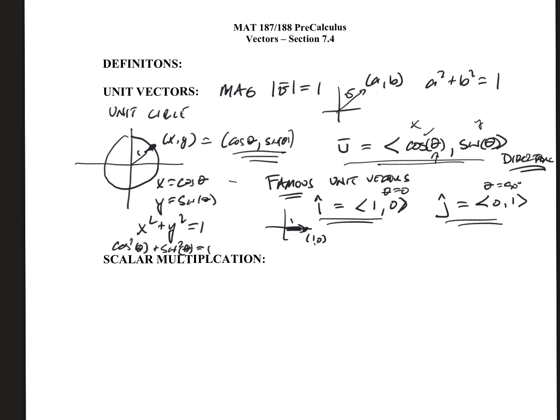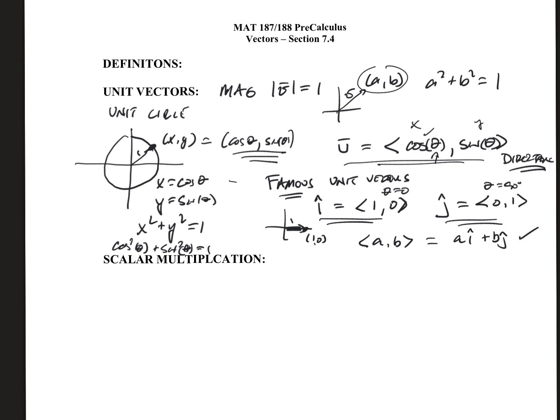So coming back up to here, rather than using an ordered pair, rather than using the vector (a, b), I can now use the vector ai plus bj.